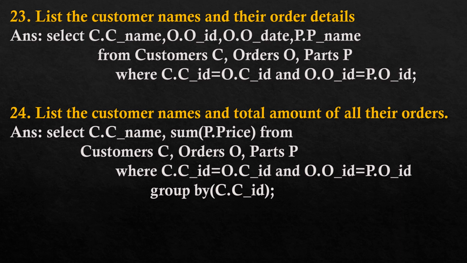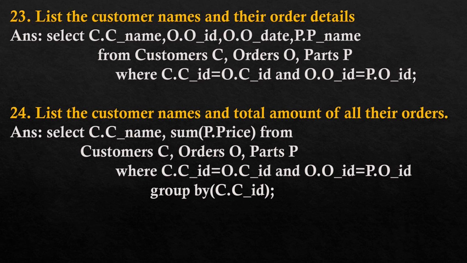Now, list the customer names and total amount of all their orders. So here also you have to join all these three tables. You can just write whatever you have to display in the select statement. You have to display the name and the total amount of all their orders. So select C.C name, comma sum of P.price.